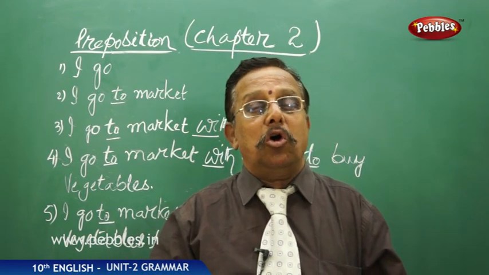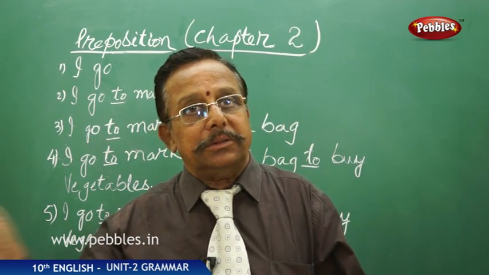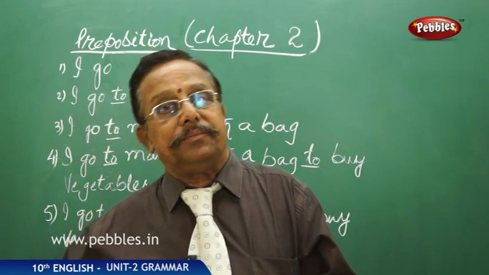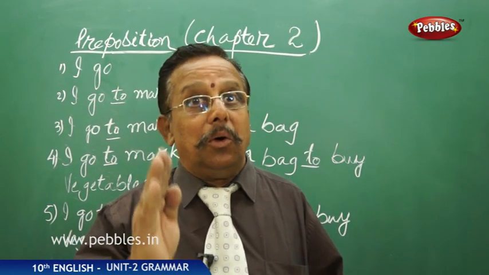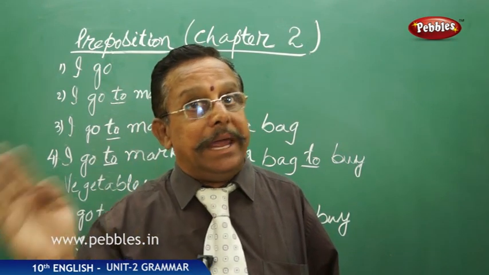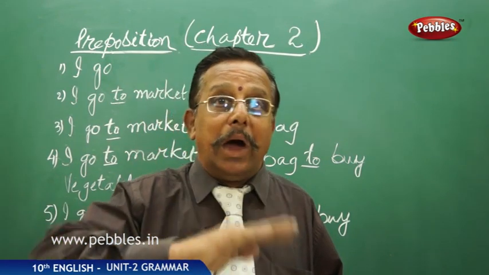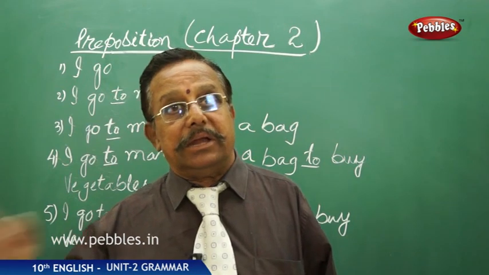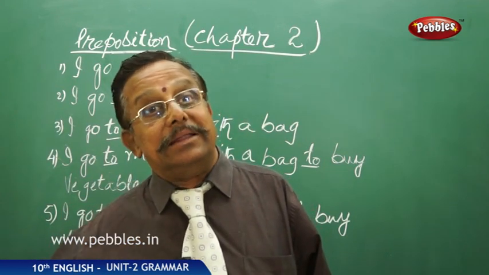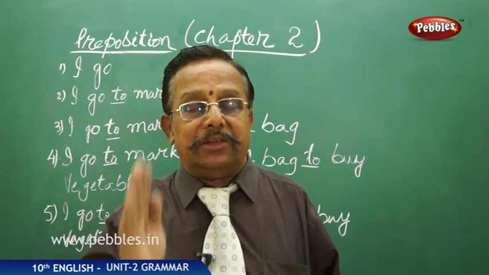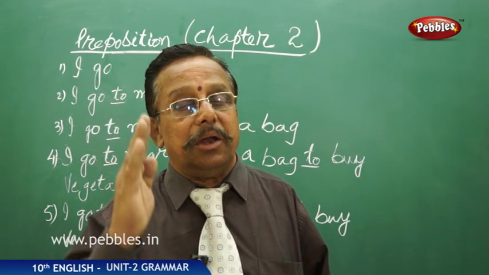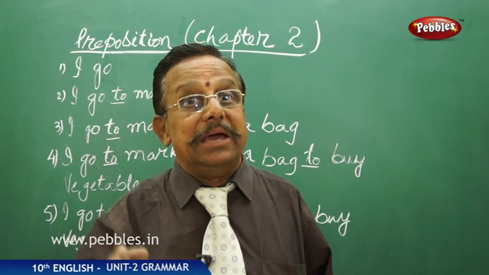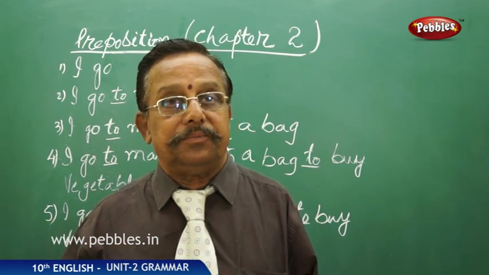Do you know whom you are talking to? That way this "to" goes over there. Do you know with whom I am going? Do you know who I am going with? That way this "with" is put over there at the end. That way in exclamations and interrogative sentences, this "with" or "to", the preposition, appears at the last stage.